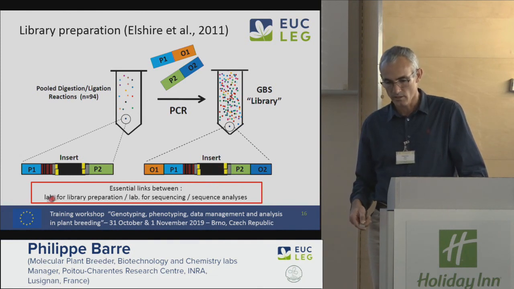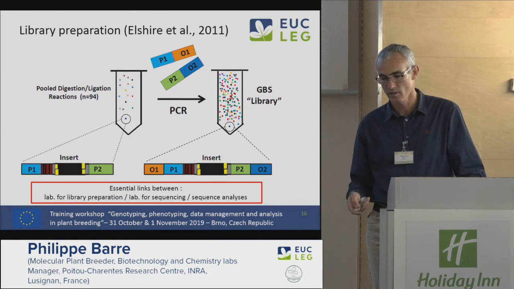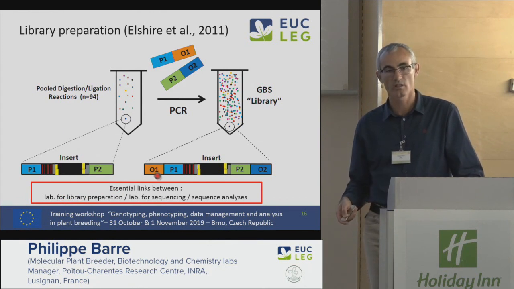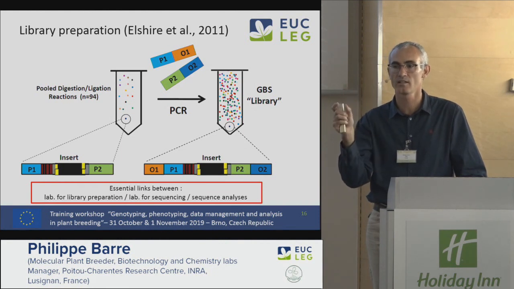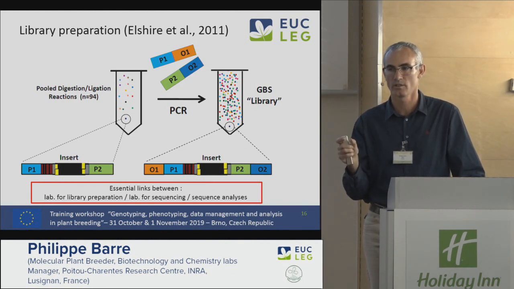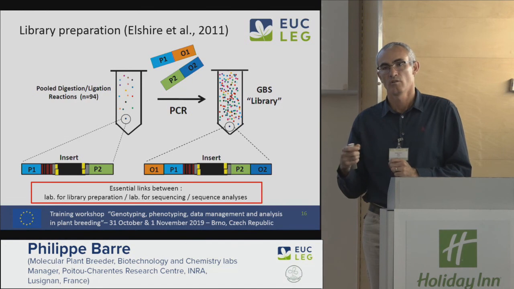Here I put something. I said it's essential to have links between the lab who is doing the library preparation, the lab who is doing the sequencing, and the person in charge of the bioinformatics. Why is it so essential? Because depending on what kind of sequencer you're using, you have certain constraints on the design of the barcode, for example, because they don't use exactly the same fluorochrome.